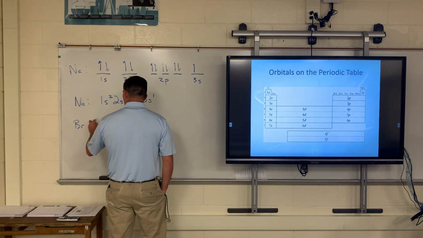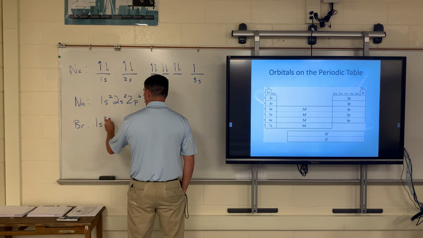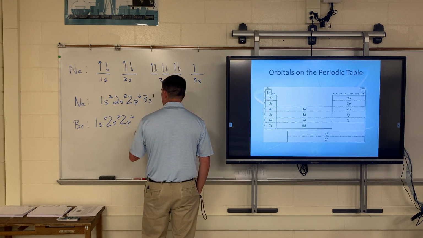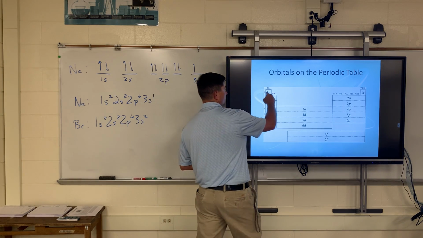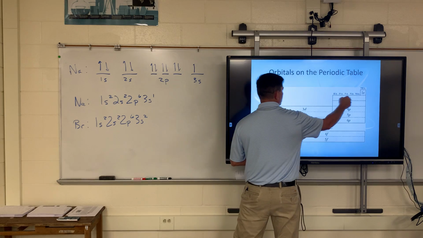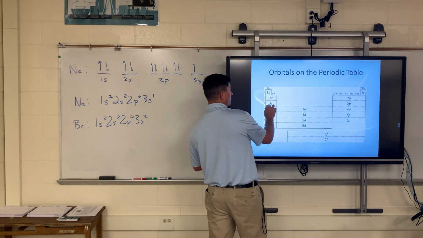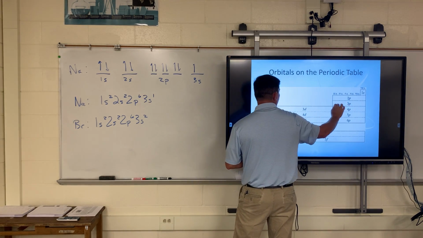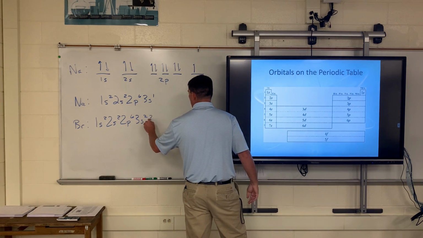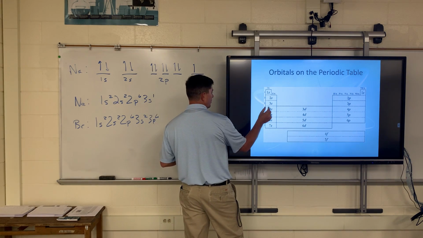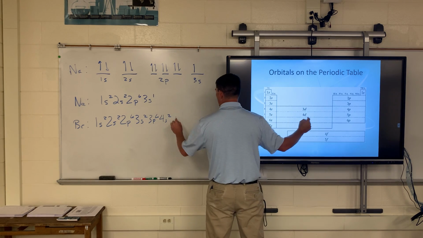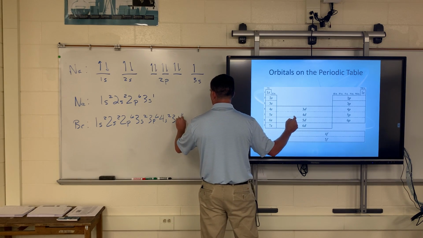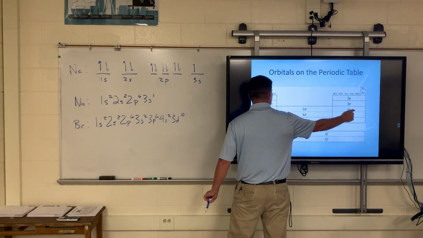So 1s2, 2s2, 2p6, 3s2. And if you don't have the order memorized, remember it's just 1s, and then 2s, and then 2p. Just follow along your periodic table. 3s, and then we're going to go to 3p. 3p holds 6. And then we're here, 4s. It holds 2. 3d. It holds 10. And now we're into that 4p.